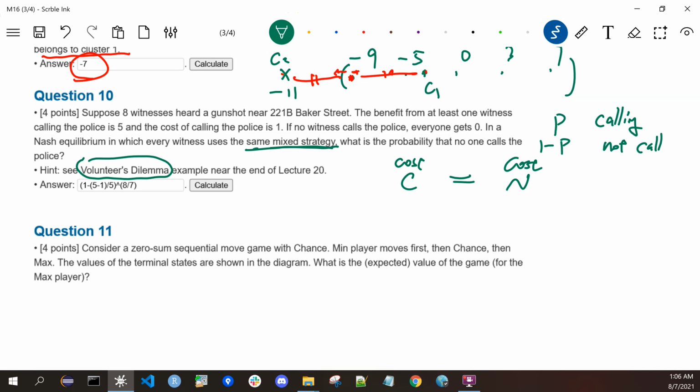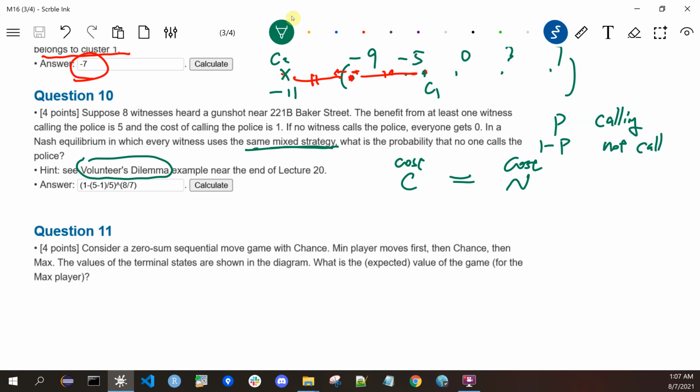So in an equilibrium, the reason why someone would mix is only because that person is indifferent. If the cost of calling is slightly lower, then I would not mix. I would just play C for sure. So the only reason they would mix is when these two things are equal.